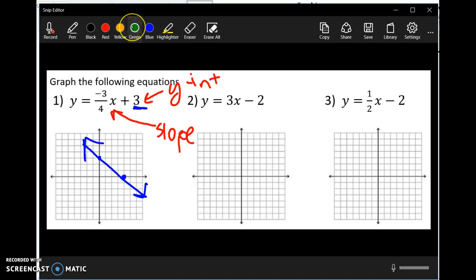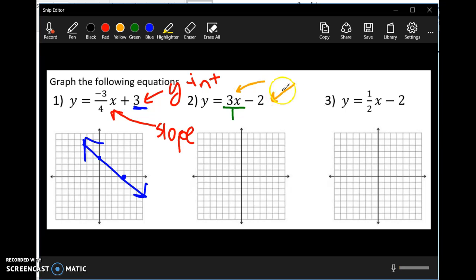Let's look at the second one. Now, in this second one, they don't have for me a slope as a fraction. So the first thing I would do is write in a fraction. You can change any number into a fraction by putting a 1 underneath it. So for this problem right here, I'd go 3 over 1. And then again, I have a slope and a y-intercept.